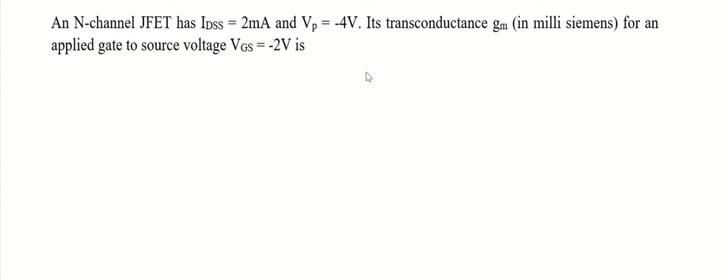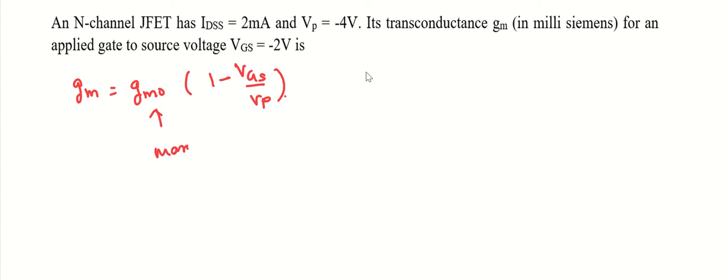We have the direct formula to find the transconductance GM. GM is nothing but GMO into 1 minus VGS by VP. Here VGS is given, VP is given, GMO we have to find out. GMO is nothing but the maximum transconductance. So we have a formula to find GMO.